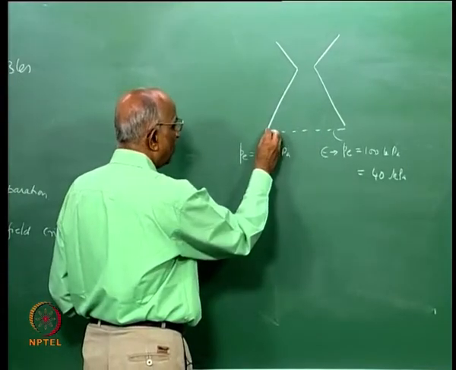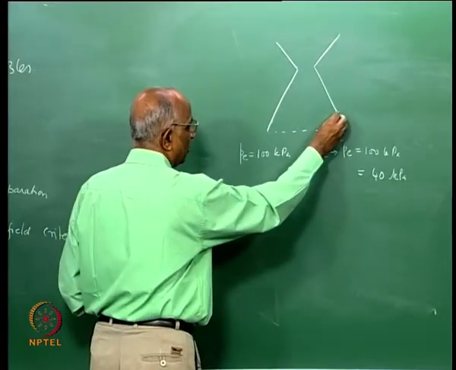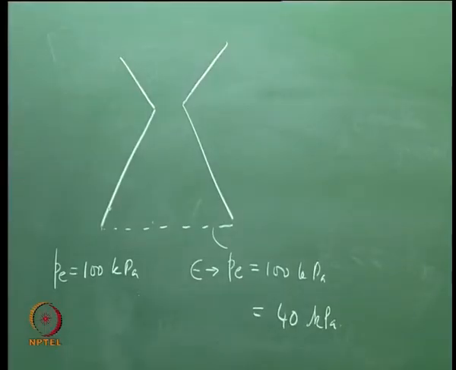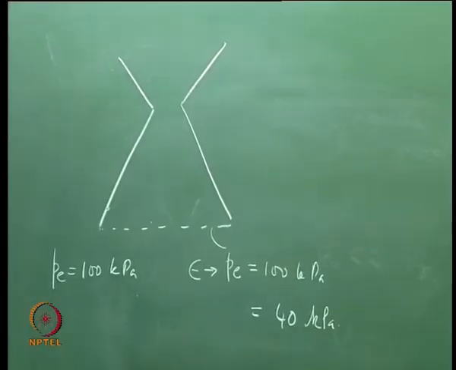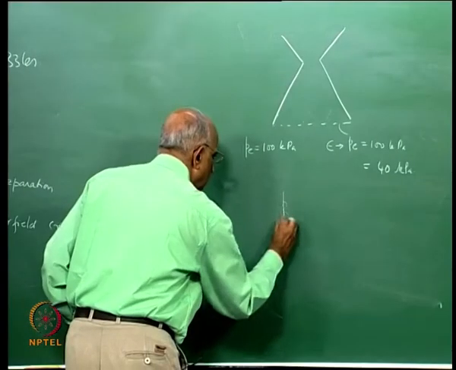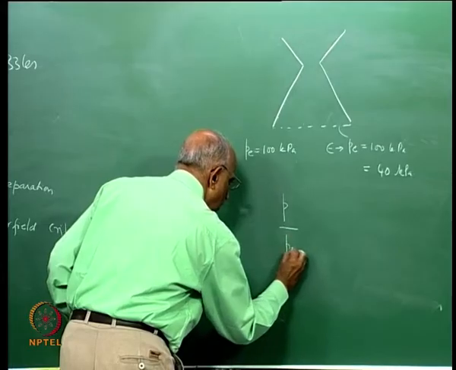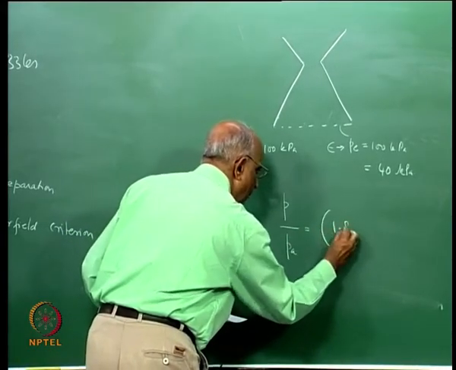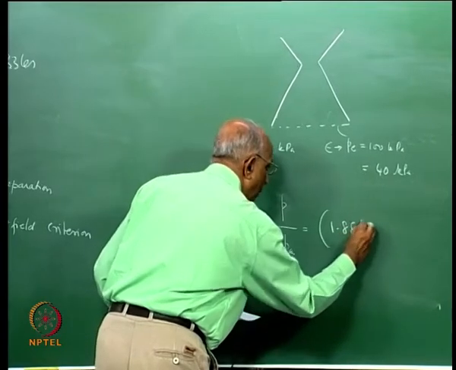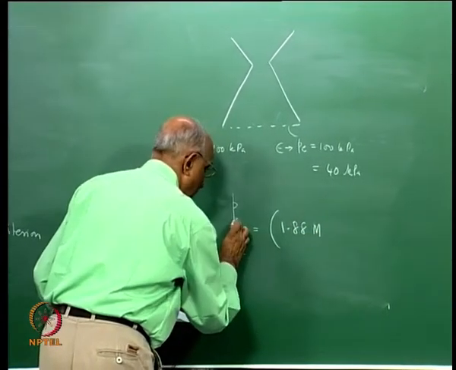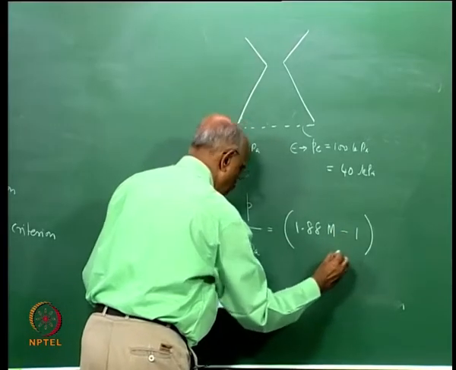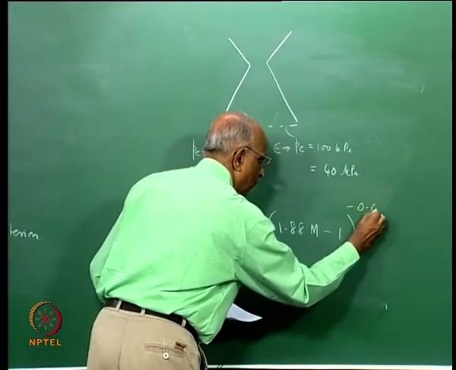Having said that, this is also not perfectly right. In fact, the local Mach number at the zone of flow separation affects it, and the value is given by P by Pa equal to something like 1.88 times the Mach number at the plane of exit, or wherever you want flow separation, to the power minus 0.64.